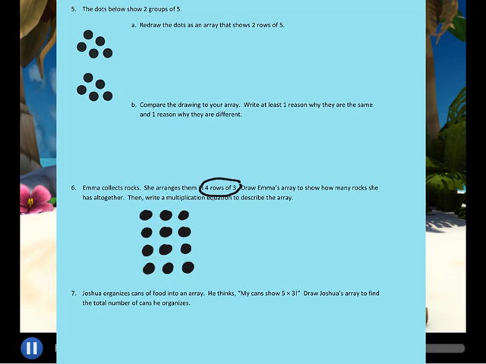So there are 4 groups, so the multiplication equation will be 4 times, and the size of each group, if I take this group, there are 3 circles, right? So the size of each group is 3. So 4 times 3 equals, so 4 times 3 means 3 plus 3 plus 3 plus 3, right? So 4 times 3 equals 12.